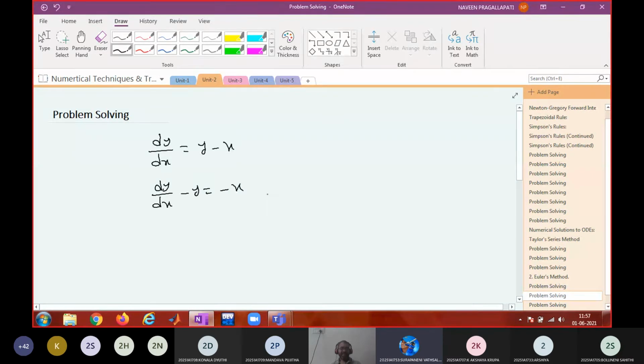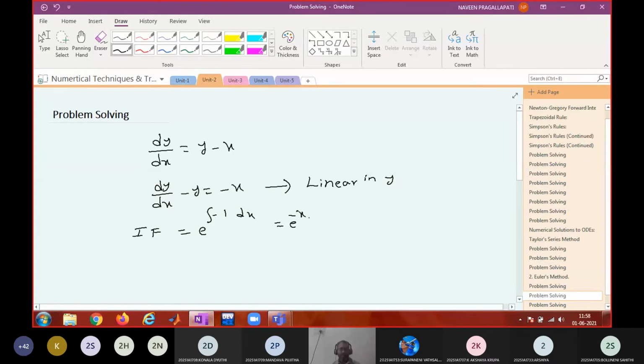If you rewrite like this, what is the advantage? This is linear in y. That means what is the integrating factor? e power integral of minus 1 dx. Am I right? Yes, sir. So this is e power minus x.